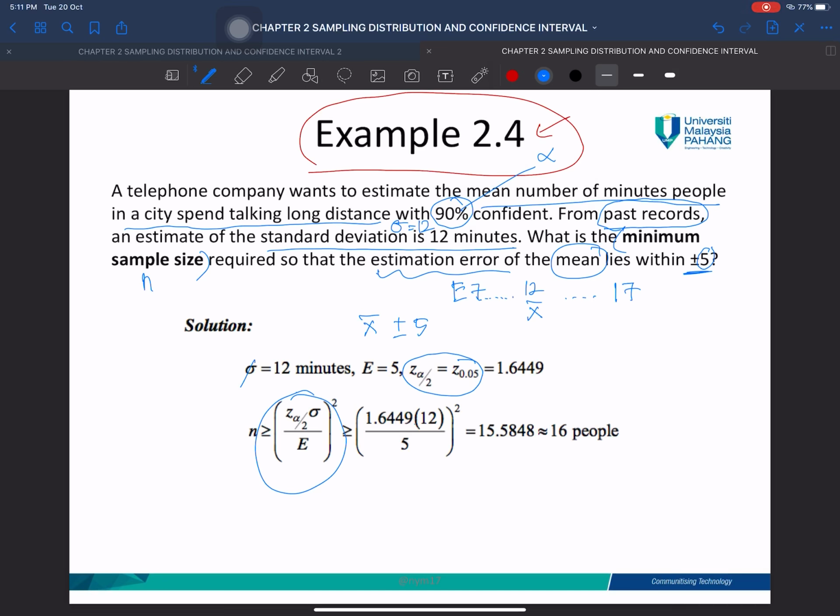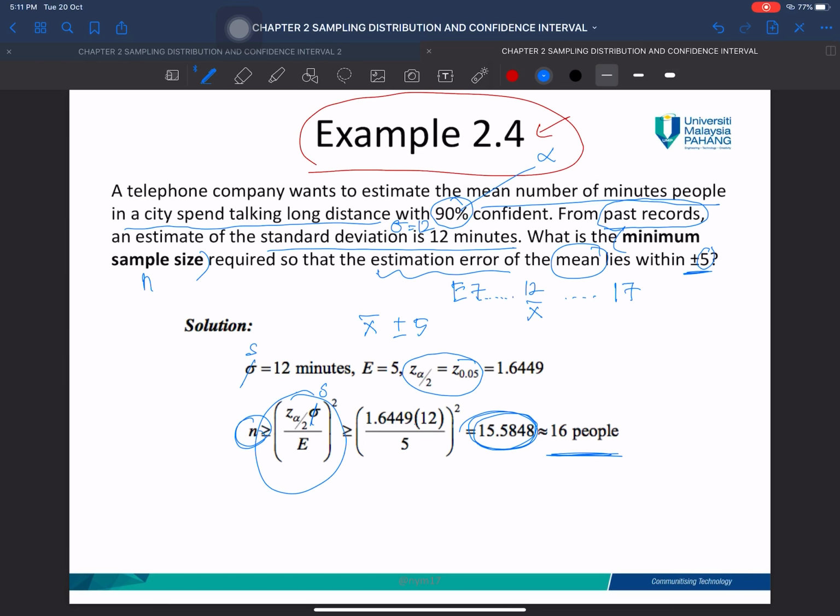We are using a similar formula. So substitute the value here, then you will get this continuous value with decimal places. But since n is a discrete number, that's why we round up to the next whole number. Okay, that's why you have 16 here.